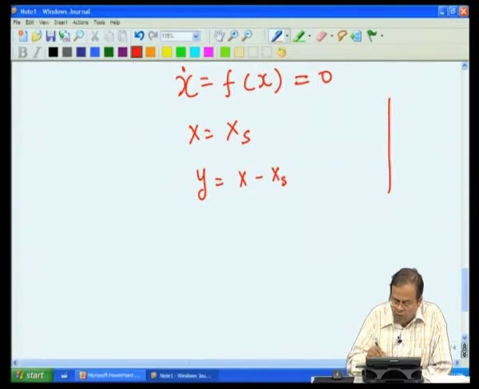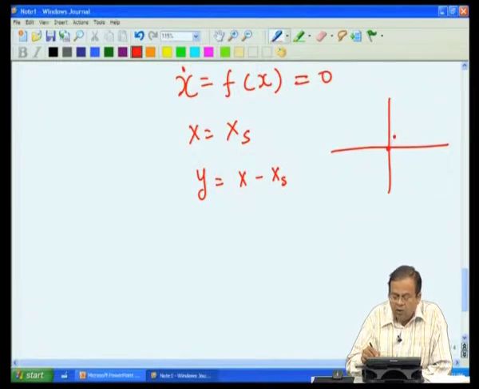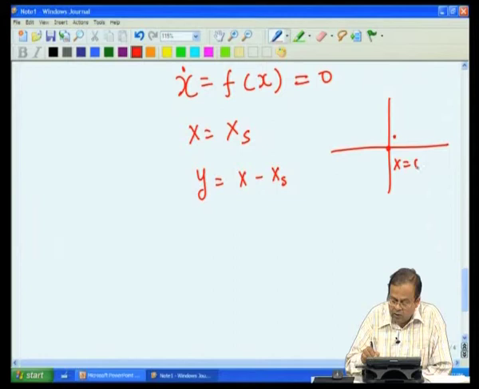Remember, when we talked about the definition, we said that this is my steady state, and this is my starting point in the close neighborhood of this steady state. We of course also said that we are going to call x equal to 0 as our steady state value.